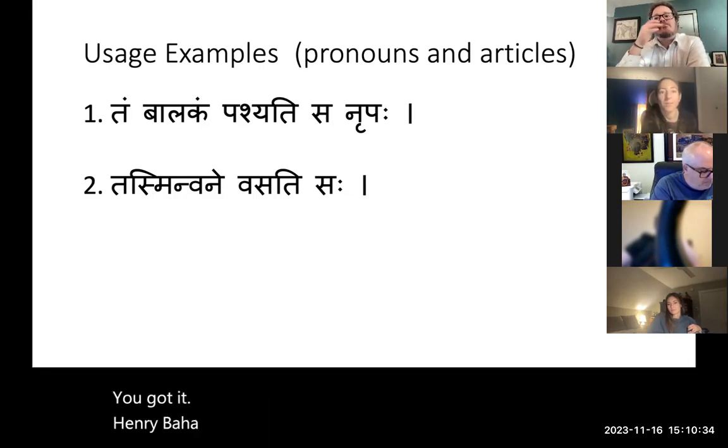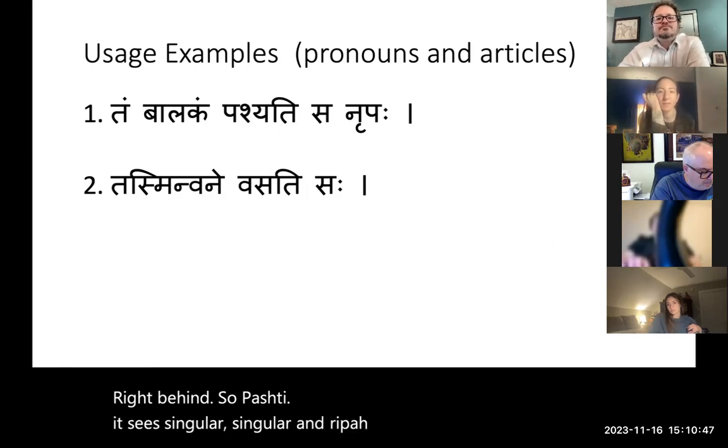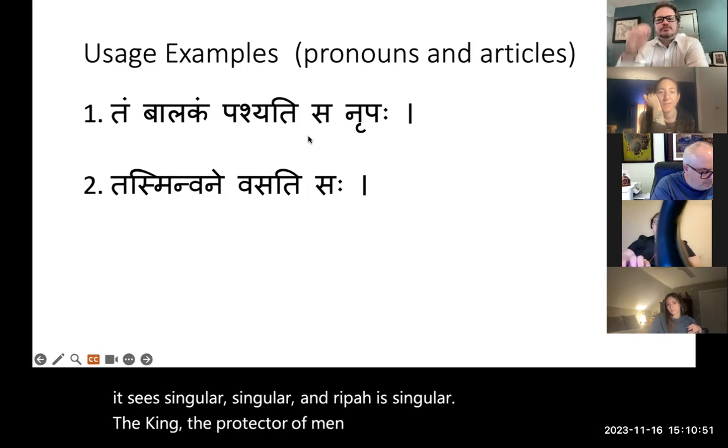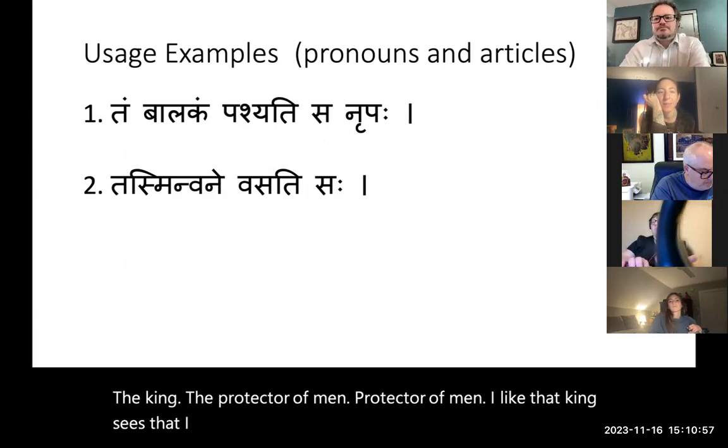So pashati sees. So that it sees, singular, and nripaha is singular. He, it. So the king, the protector of men. That king sees that. I forget what balakam is. Boy. That boy. Balakam.